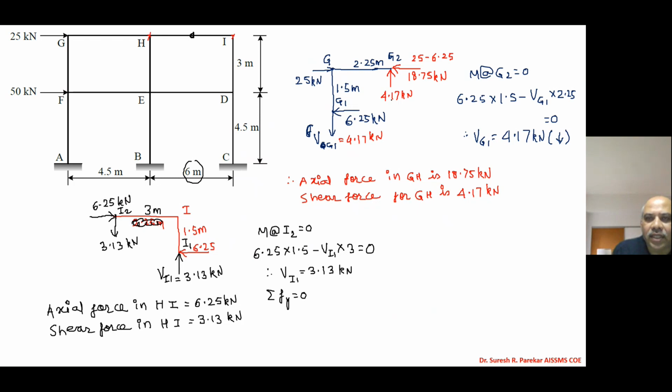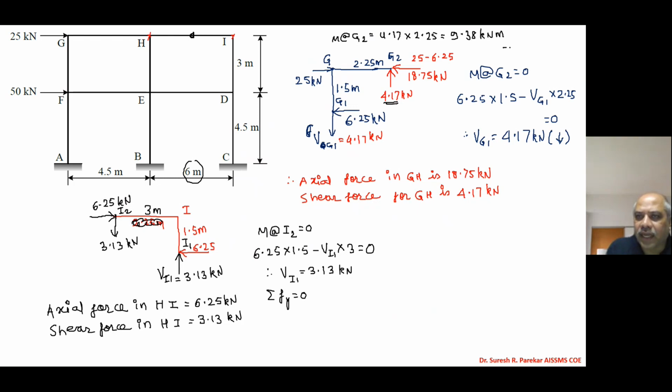Now, if you have to draw the bending moment diagram, you can see for GH, we have this as 4.17. This is shear force. So moment about G is 4.17 into 2.25, so we have this value, 9.38 kilonewton meter.